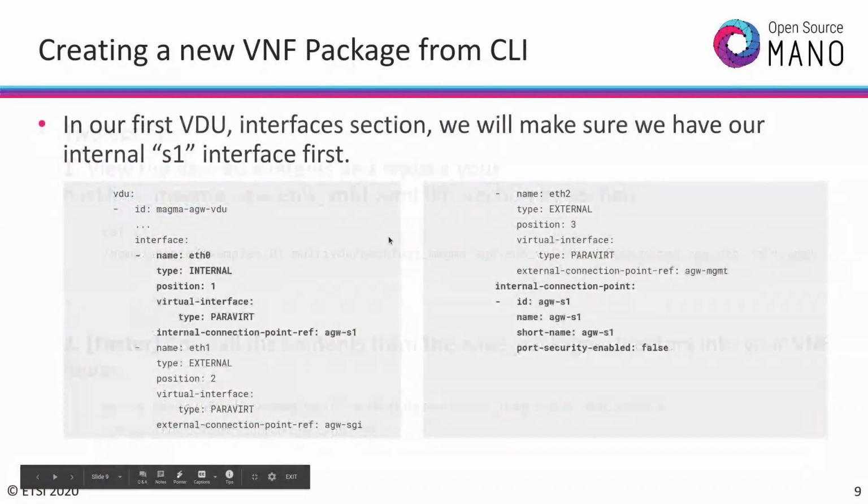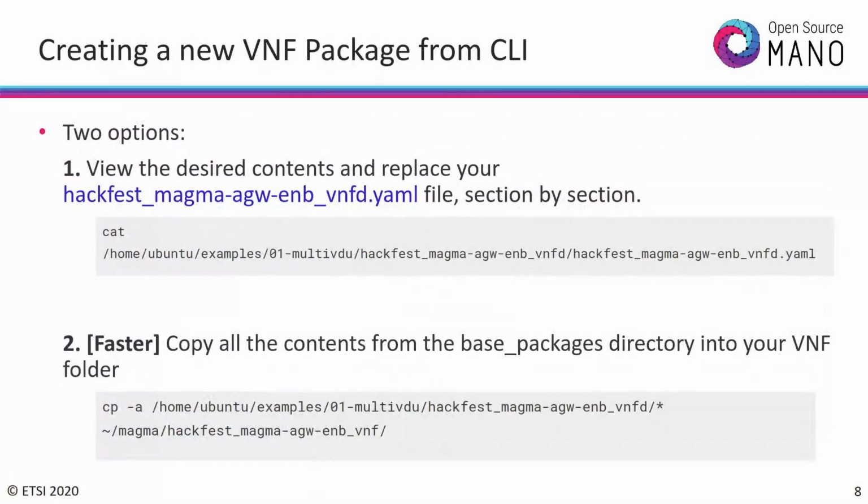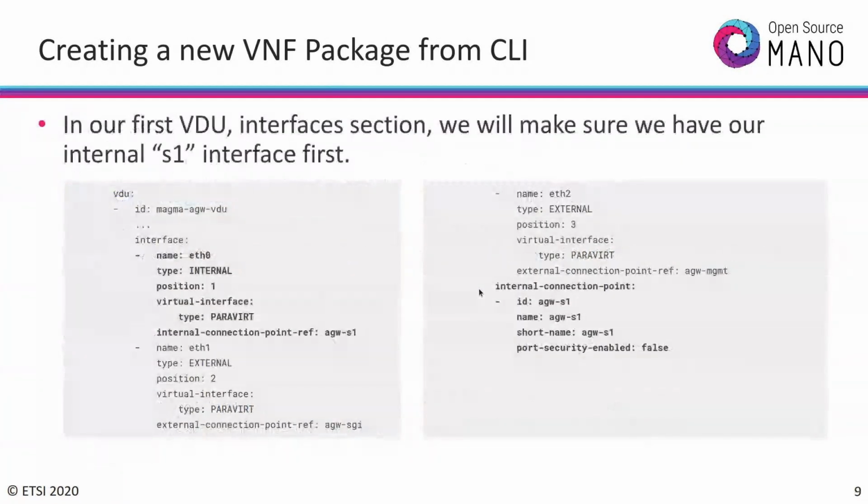But the important thing is for you to learn the contents. Either if you edit the package manually or the descriptor manually, or if you copy and just paste the final descriptor into your folder, you need to learn what the content is about. So I will go ahead and explain each portion of the file.